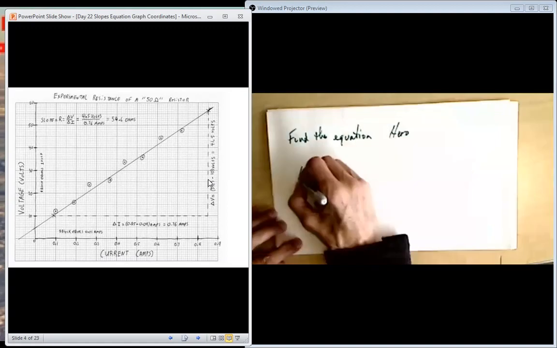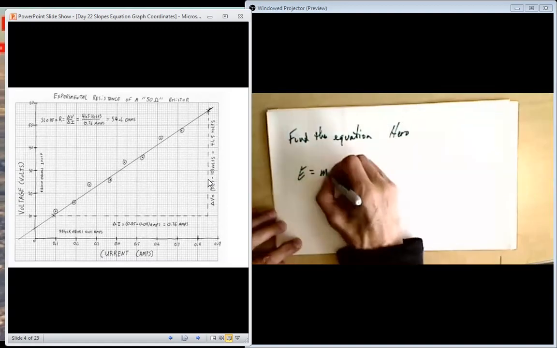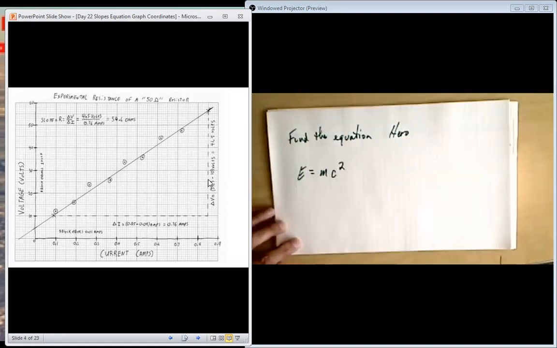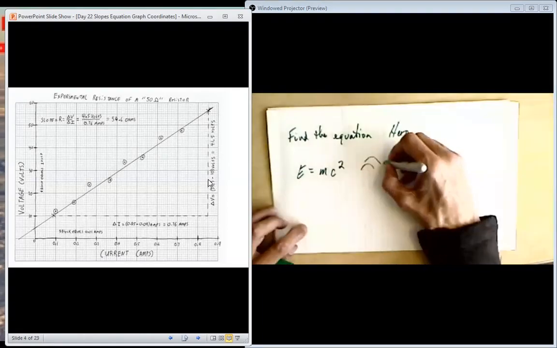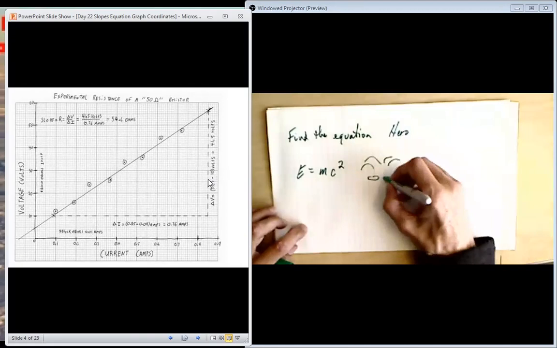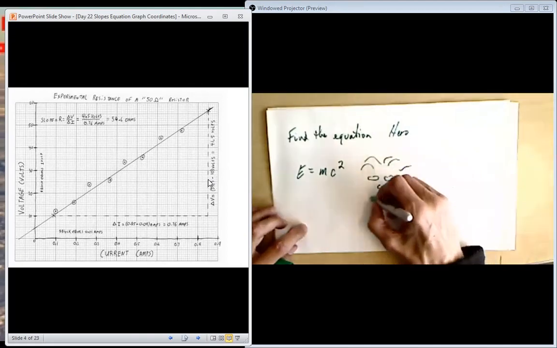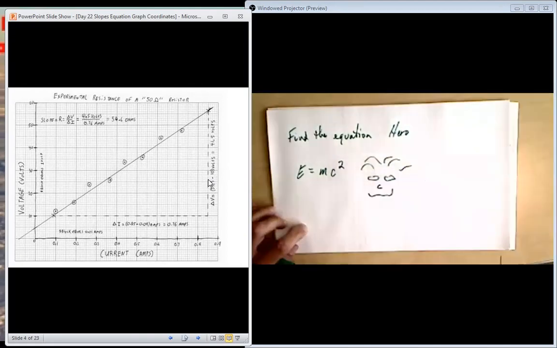All right, does anyone recognize this? Yeah, Einstein. Crazy hair. Looking a little like this. Really smart guy, right? How do you know him? Not just from the picture, but from the formula he made, right? Forever. Does anyone know this one?